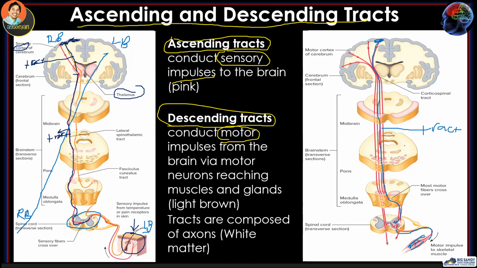When the right brain is giving the order, it will also cross over in the spinal cord, and it actually orders the muscle on the left side of our body. When you move your left hand, it is actually ordered by your right brain.